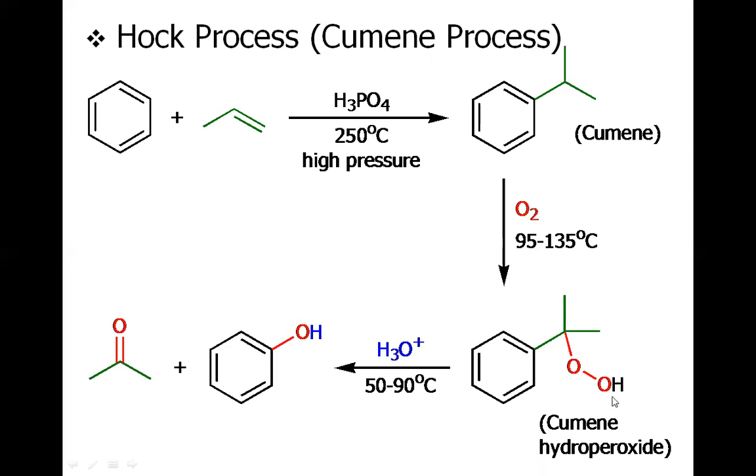We have this cumene hydroperoxide, which, when treated with acid, undergoes a rearrangement reaction to give phenol and acetone. This reaction is of great importance on the industrial scale, because it does not only give the phenol but also gives the acetone. So this reaction is of great utility and widely used.